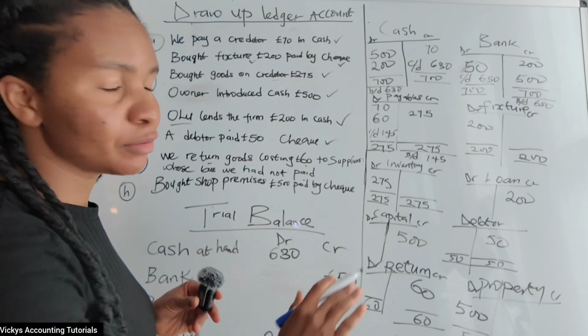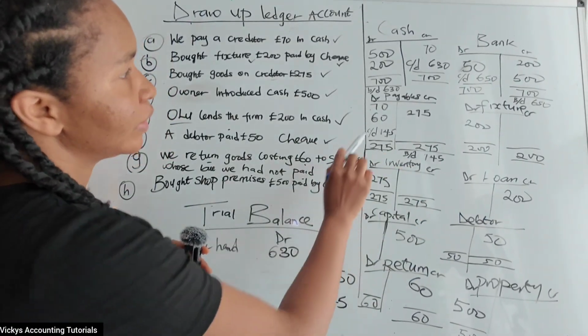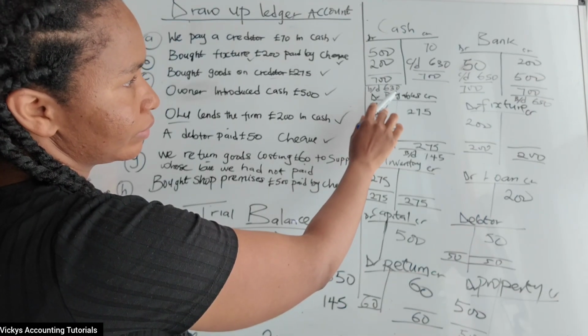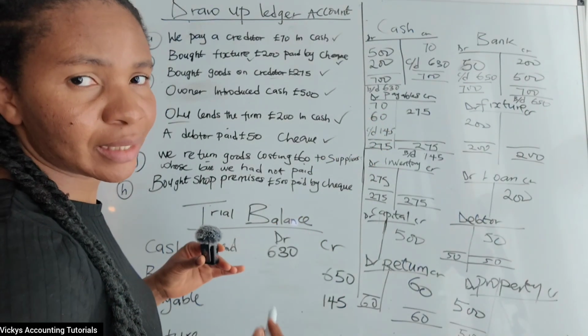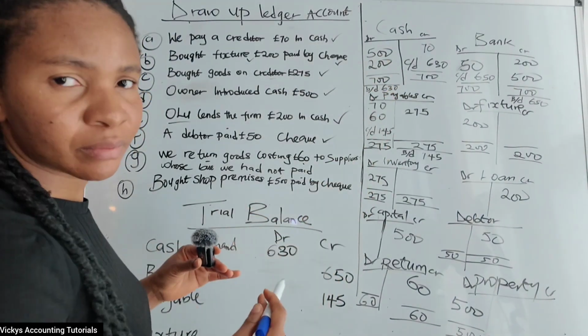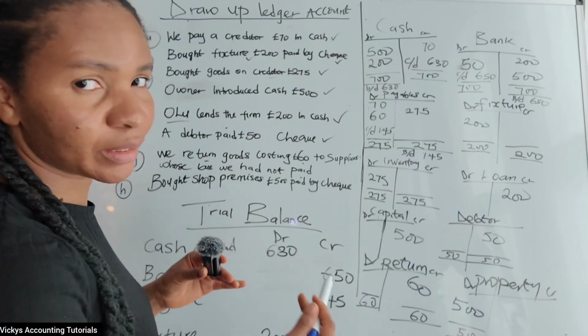So now I have finally balanced off our accounts. As you can see, our cash balance is 630. On the cash side, it is good because it is positive. We have a cash balance of £630.